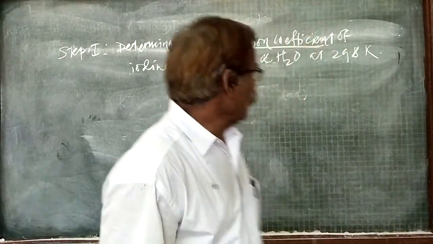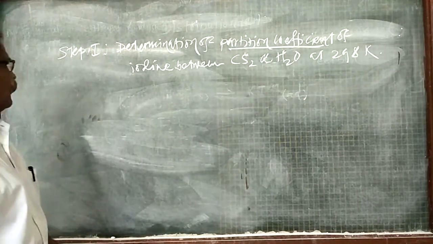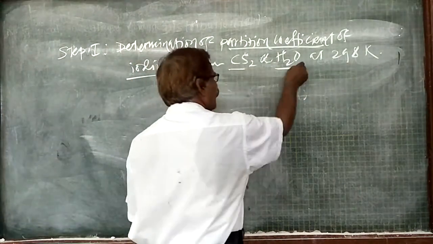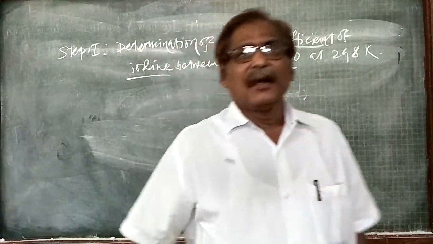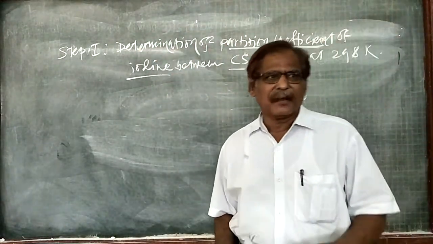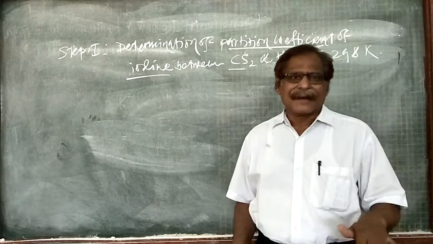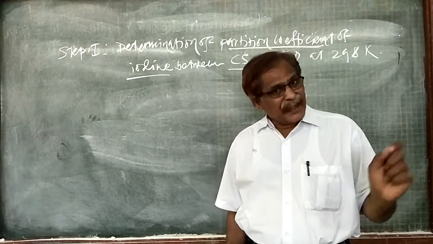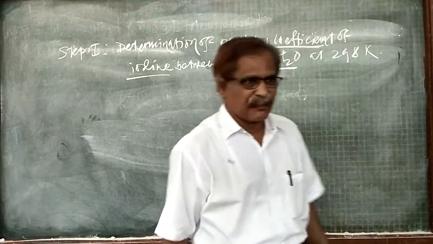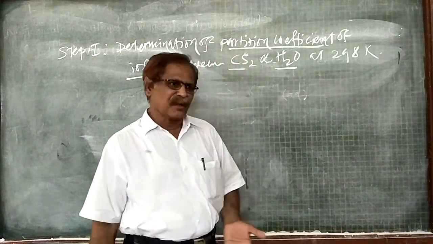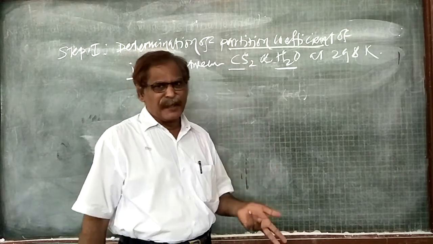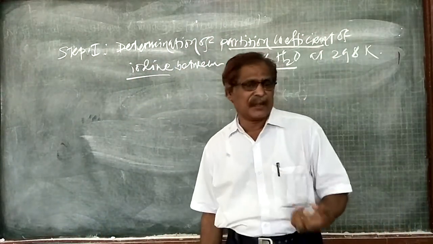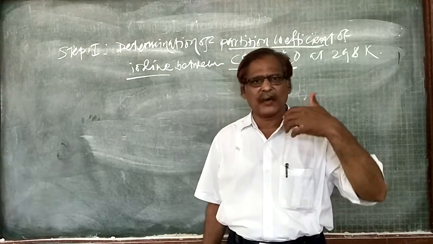In this case, we can determine the partition coefficient of iodine between CS2 and water by taking a solution of iodine in carbon disulfide and shaking it with water in a separating funnel for sufficient time, and determining the equilibrium concentrations of iodine in the respective layers.